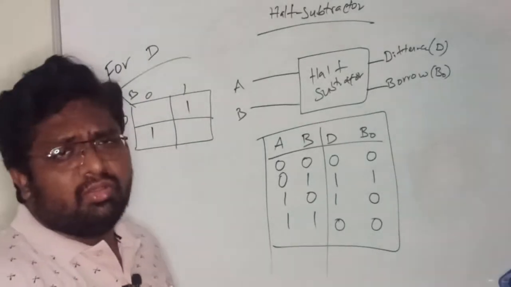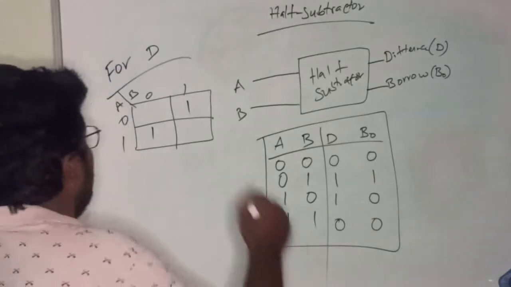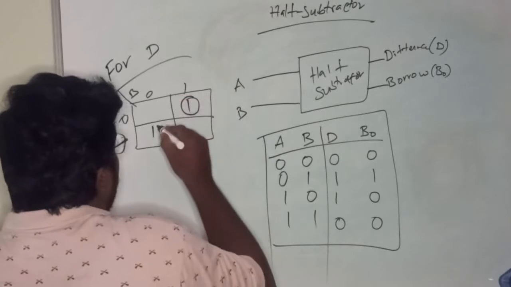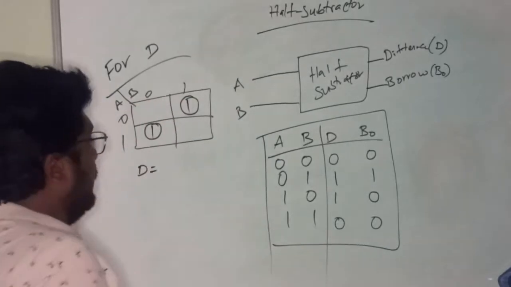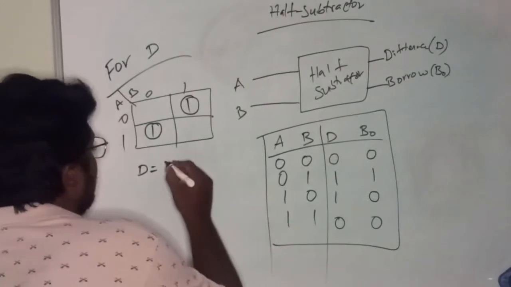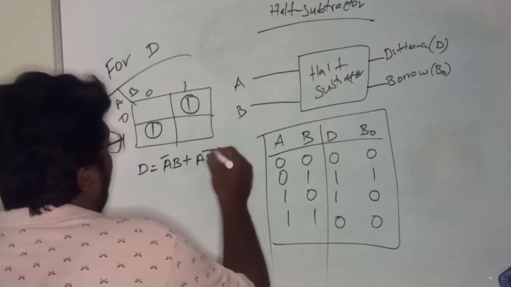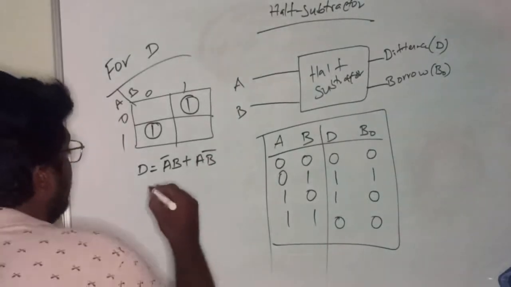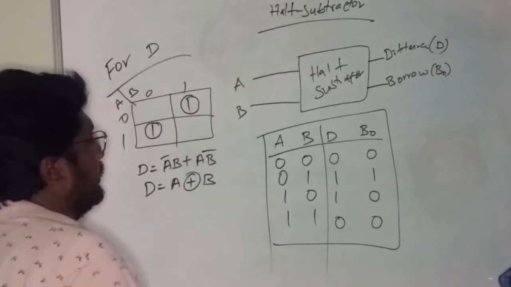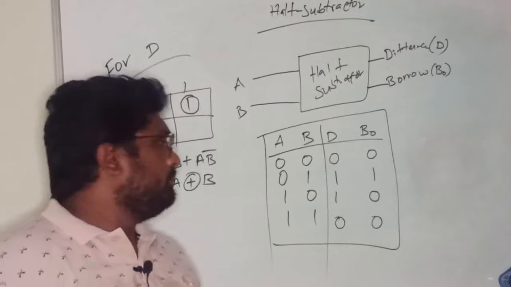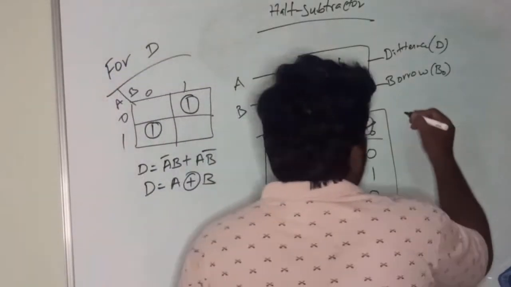We are unable to pair the minterms in the K-map, so they are individual single ones. So the difference D equals A complement B plus A B complement, so D equals A XOR B.